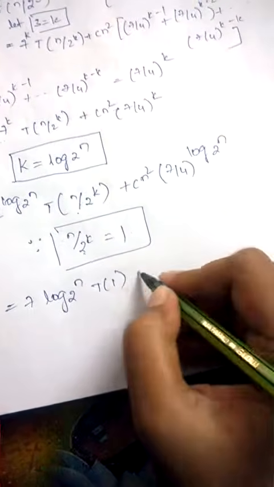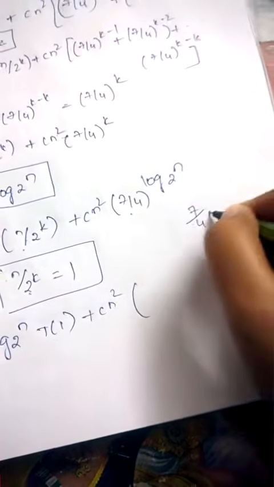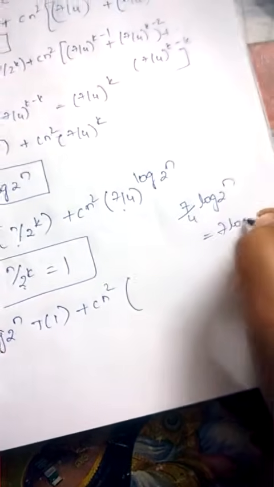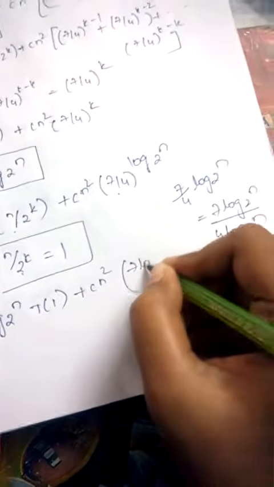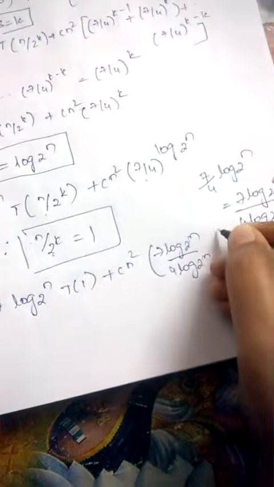So directly I am writing this: cn square into (7/4) power log n can be written as 7 power log n by 4 power log n. I am writing the same here, 7 power log n by 4 power log n.